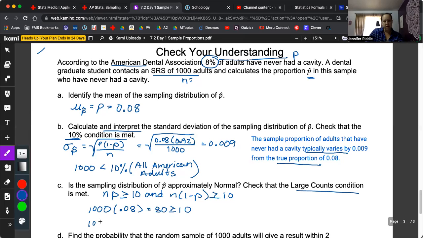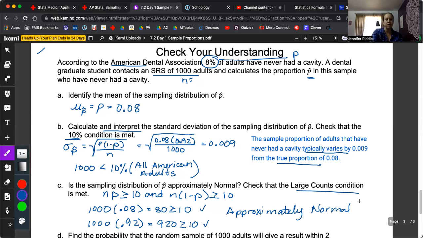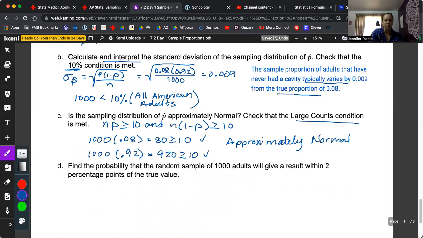And our other side, 1,000 times 1 minus 0.08, or 0.92, gives 920, which is definitely greater than or equal to 10. So because both of those are greater than or equal to 10, we can say that the sampling distribution of p hat is approximately normal, which is going to help us in the next piece of this problem.